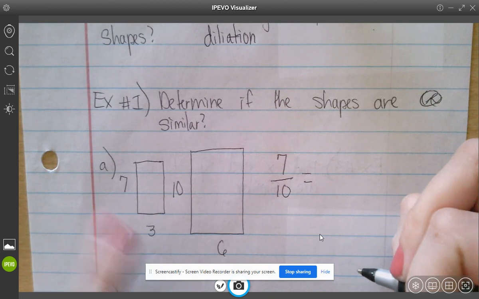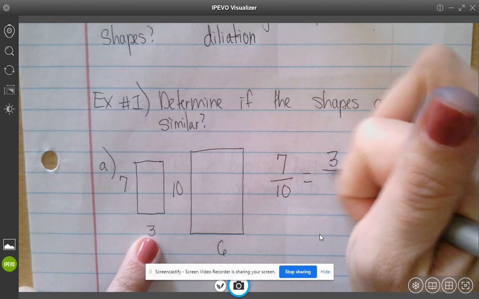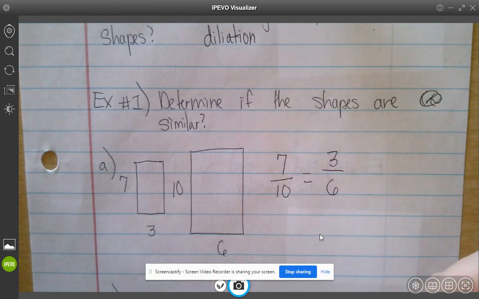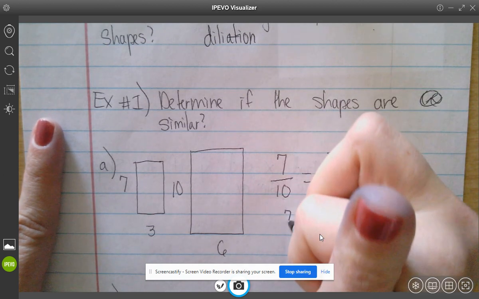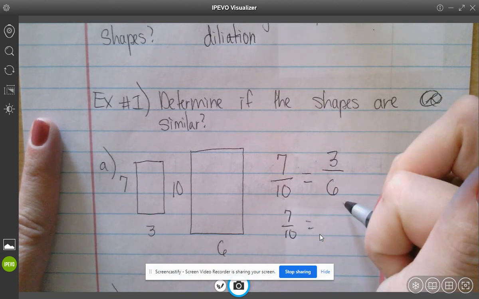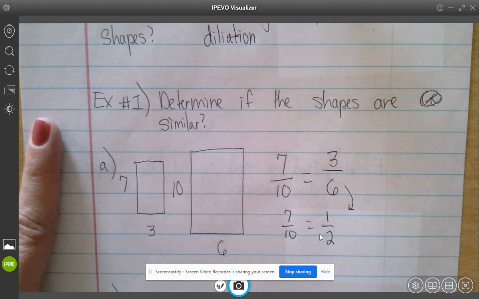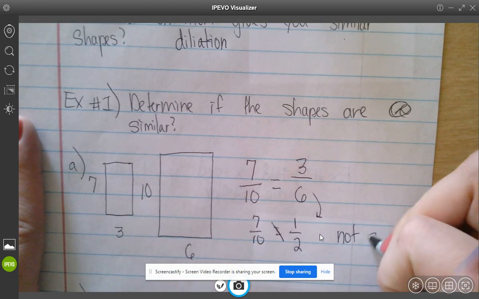And then since I used my smaller shape on top, I have to use my smaller shape on top again. So 3 and 6. Okay, does 7/10 simplify? No, it just stays 7/10. But 3/6 simplifies to be 1/2. We know those are not the same fractions, so this would be not similar.